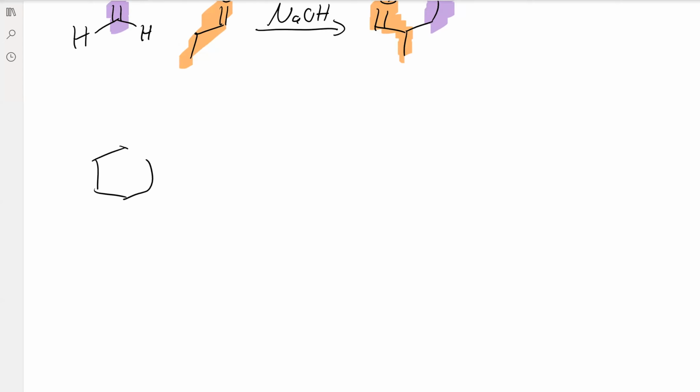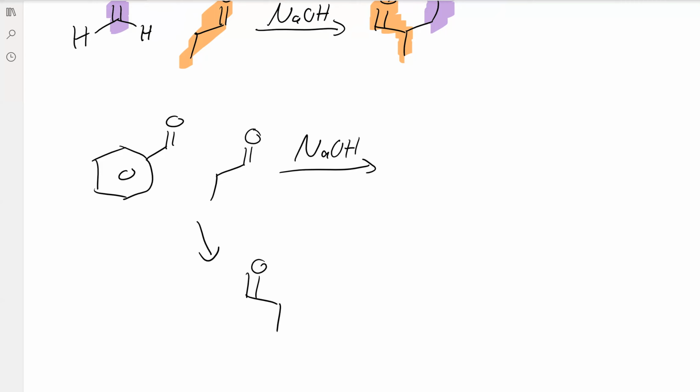Same thing with the benzaldehyde. It would only act as the electrophile, and then your other carbonyl would be what acts as the enolate. If we think about the product here, we would have this intermediate step with our addition product.